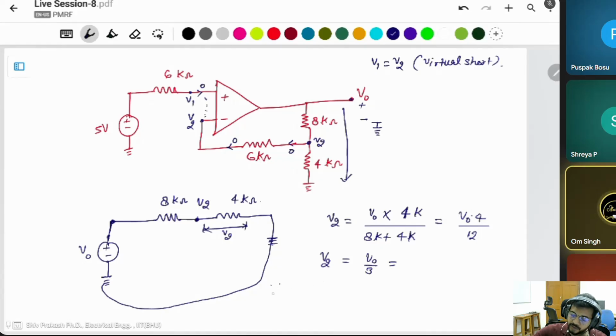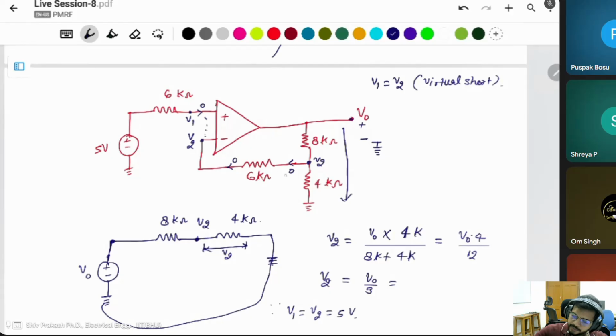Sir, how are 8 kilo ohm and 4 kilo ohm in series? Okay. Because the other path is this path, right? But there is no current flowing through it because the input impedance of an ideal op-amp is infinity.